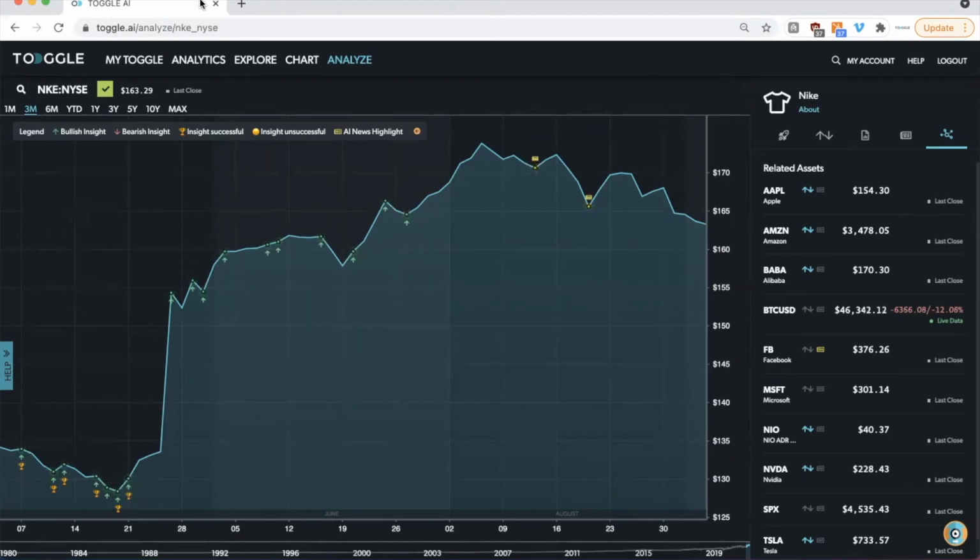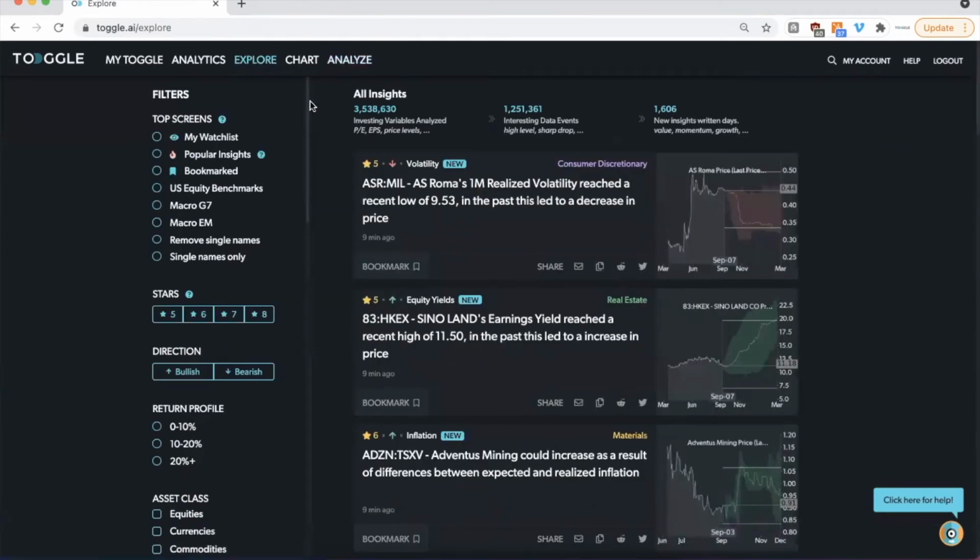Are they based on backtesting of history of the stock or ETF on the impact of macroeconomic variables or company-specific news flow? That's a good question. So going back to the landing page, I should have mentioned this, so thanks for pointing this out. At the top over here, you can see that Toggle has analyzed about 3.5 million different data points to come up with 1,606 insights.